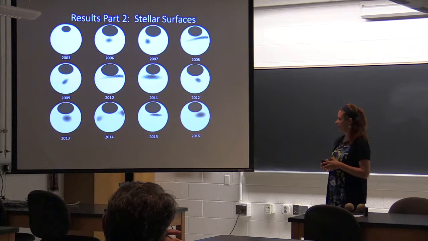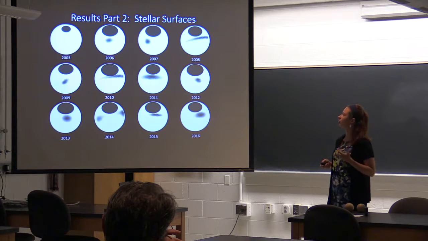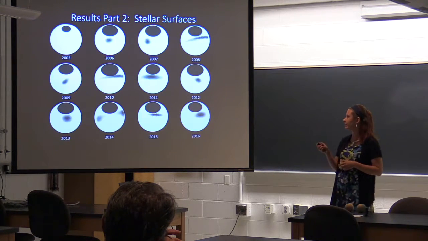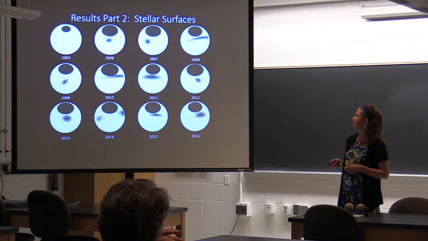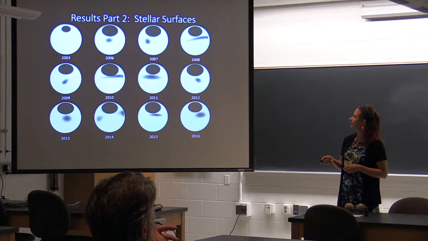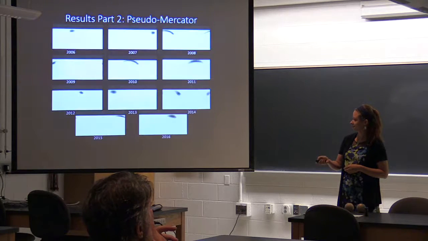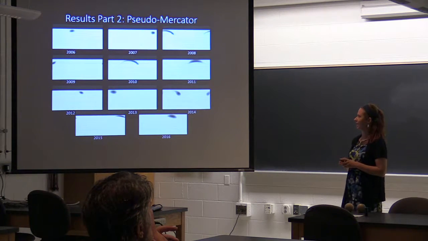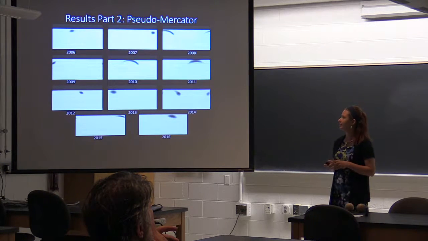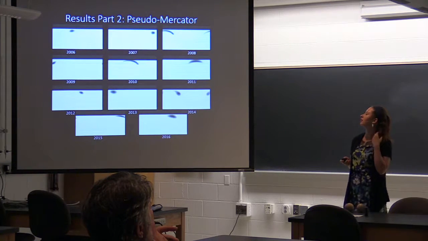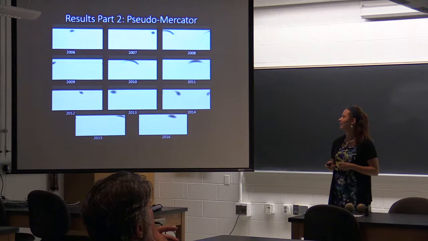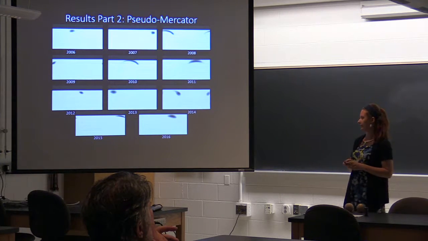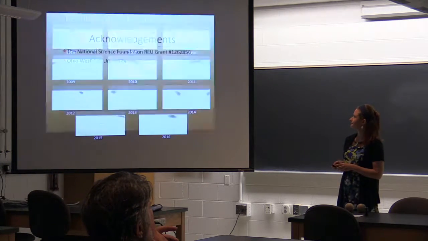This, coupled with the brightness changes in our data, has allowed us to infer how the polar spot has changed over time, and we can see it has grown over time. Moreover, these are the pseudo-Mercator projections that we have acquired as well, and these show how the star spots have moved on the surface of LO Pegasi throughout time.